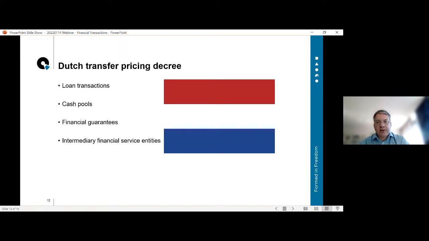A cash pool is usually for short-term funding, so there should be a certain volatility between the debit and credit positions of the participants in the cash pool.